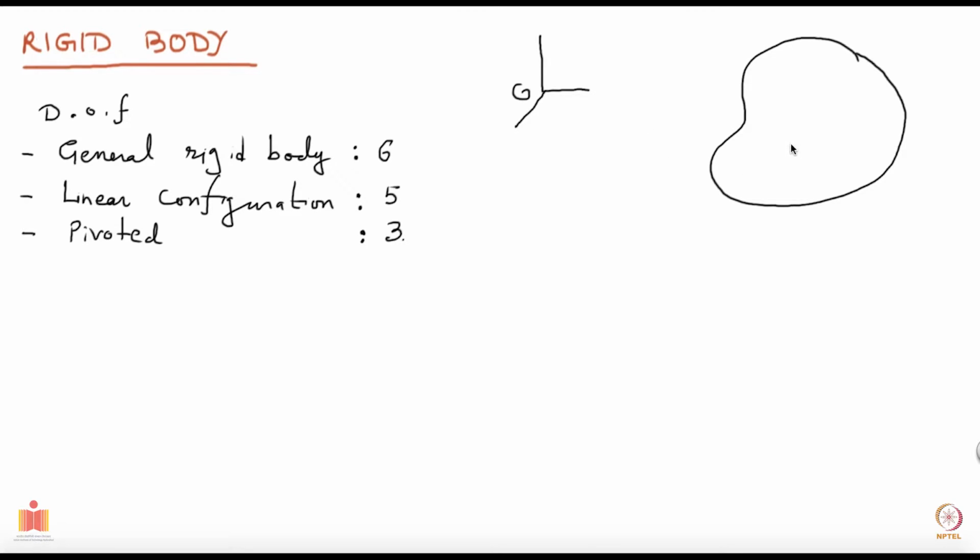Think of any 2 points in here. Let's say I call this point P, that point Q. And let's say the vector which connects the points P and Q, this vector I want to call vector R, from here to there.